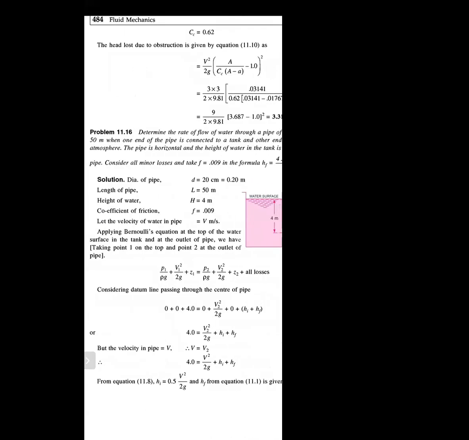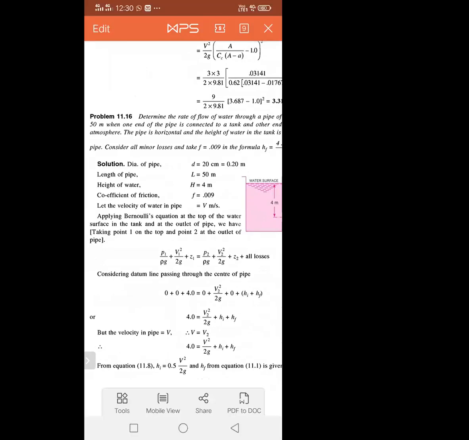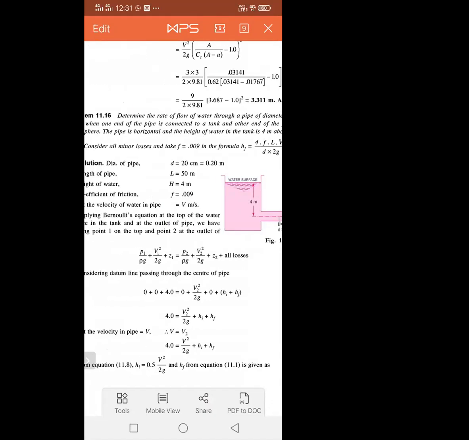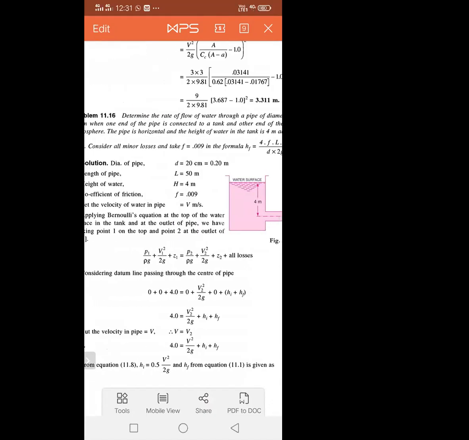Then applying Bernoulli's equation at the top of the water surface in the tank and the outlet of the pipe, we take point 1 on the top and point 2 at the outlet of the pipe. You know Bernoulli's equation: P1 upon rho g plus V1 square upon 2g plus Z1 is equal to P2 upon rho g plus V2 square upon 2g plus Z2, plus all losses.